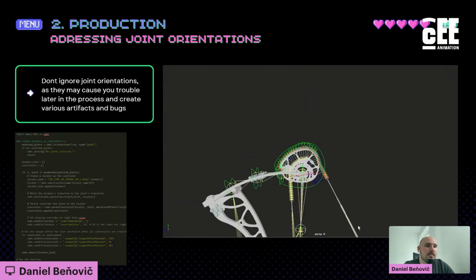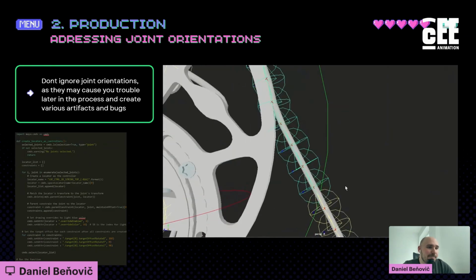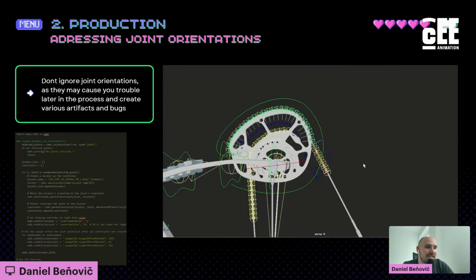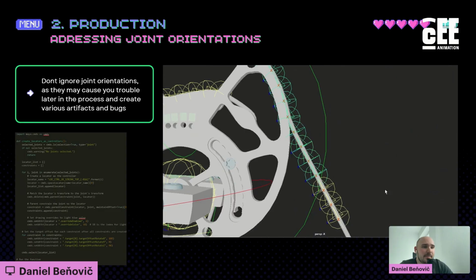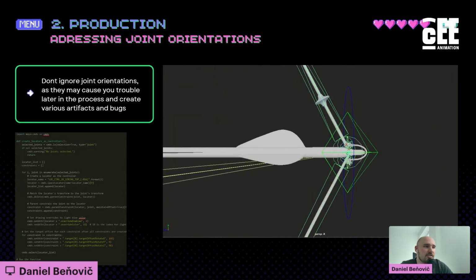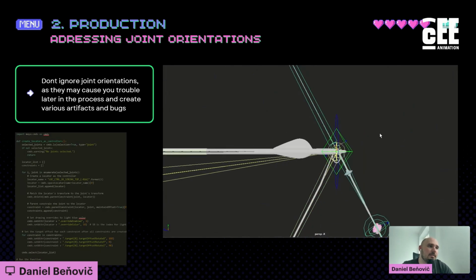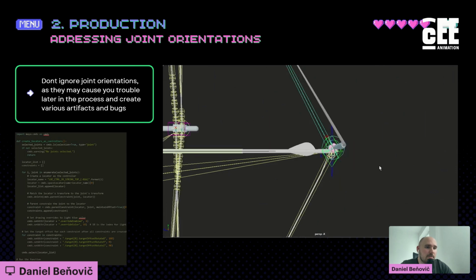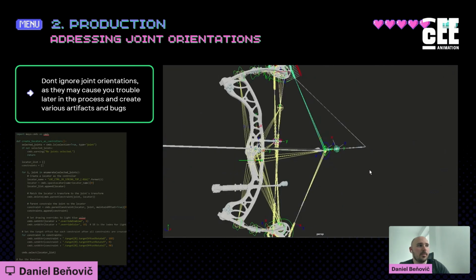Of course, I automated this process with Python scripts as well, so I wouldn't have to deal with it manually. I determined the orientations needed for our rig and used ChatGPT to create constraints with offsets, which are integrated into the alignment script, so I don't have to do it one by one.